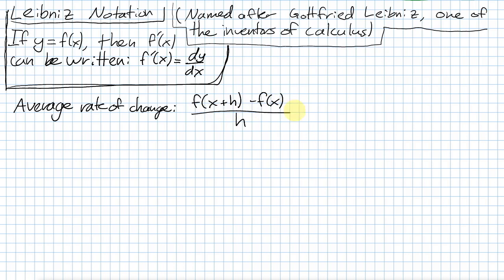And we think of this as like a delta y divided by a delta x, because the top of the fraction represents a change between two y coordinates, and the bottom represents the corresponding change in the x coordinates. And that represents the slope between 2 points on the graph.